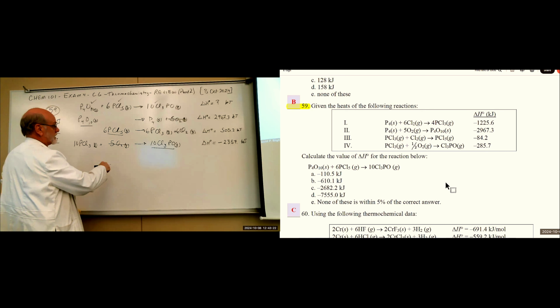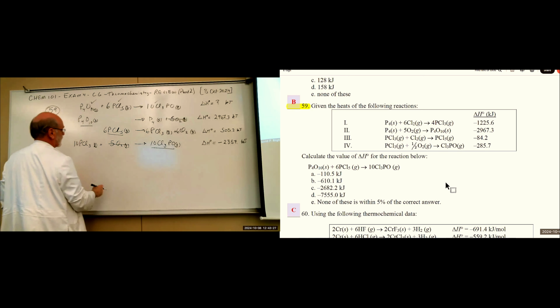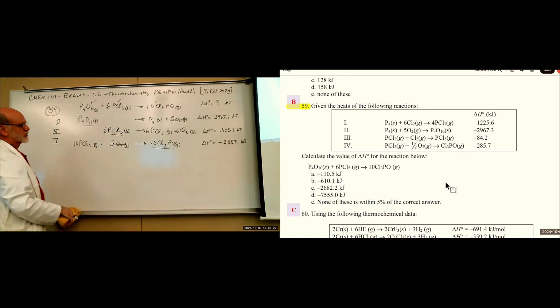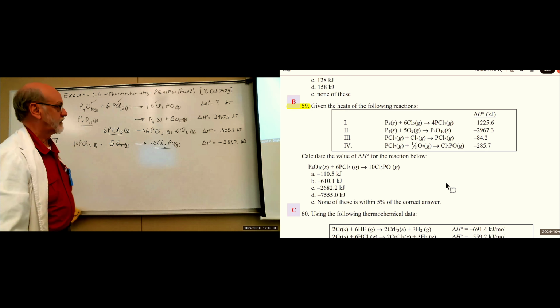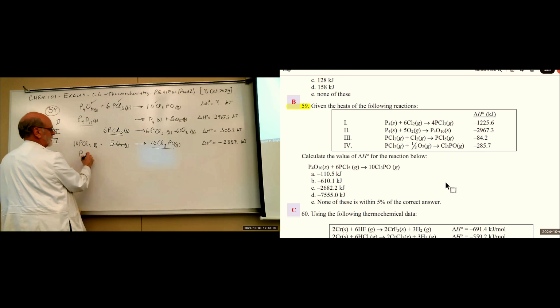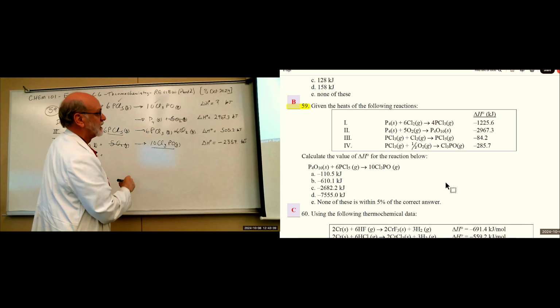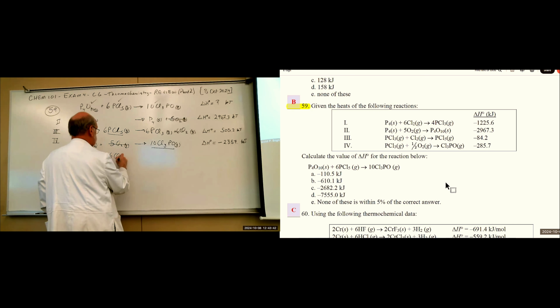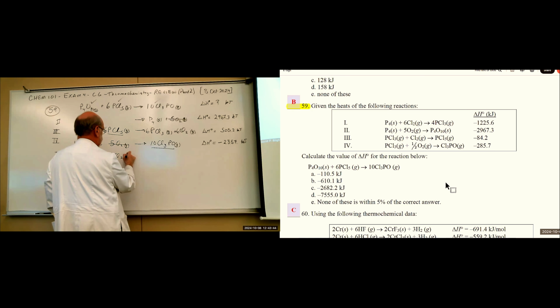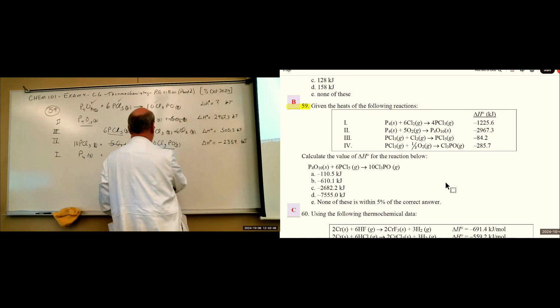But now we've got to get rid of, let's take it in logical order, P4. We need to put P4 on this side. Which one's got P4 in it? The first one. So P4 solid, that will take care of the P4. 6Cl2 gas yields 4 PCl3.